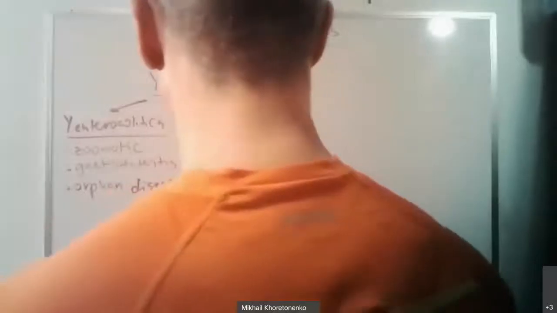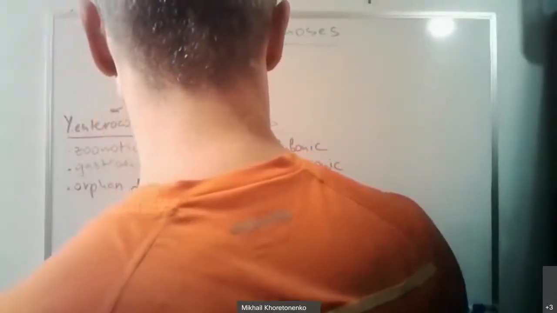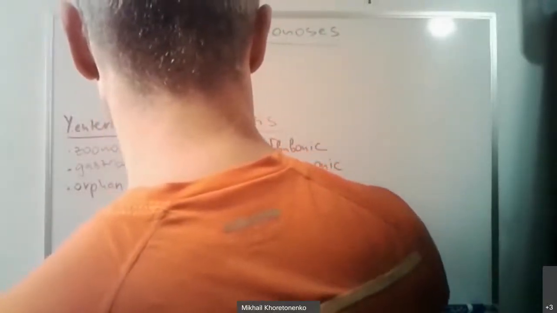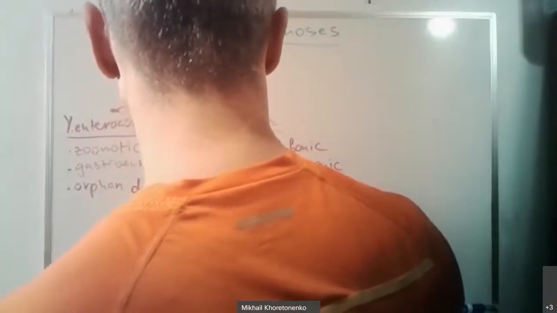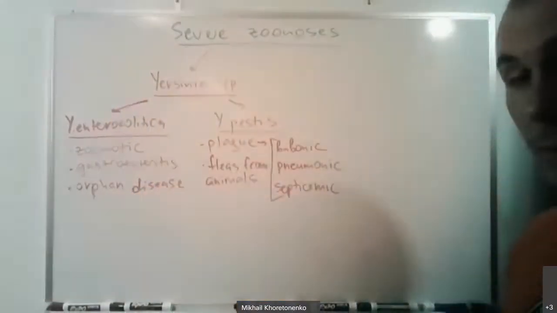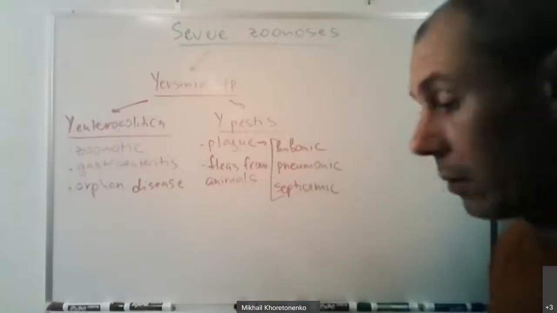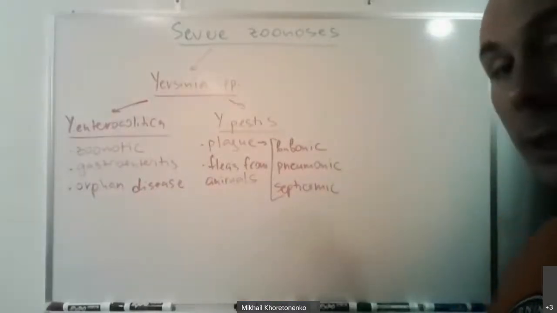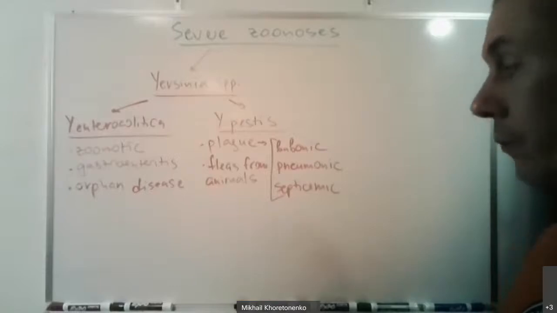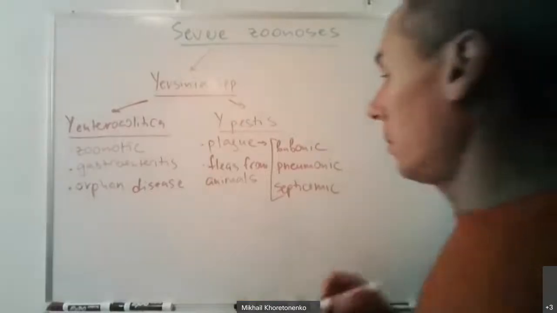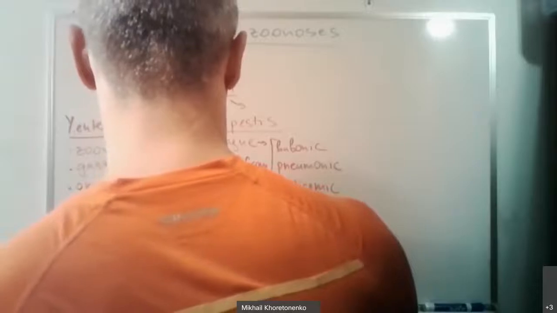So the transmission route: fleas can transmit this infection to humans from animals. A flea takes a bite on an infected animal and then bites a human and transmits the infection to the human. Between humans, it can be transmitted by respiratory route or contact between humans.